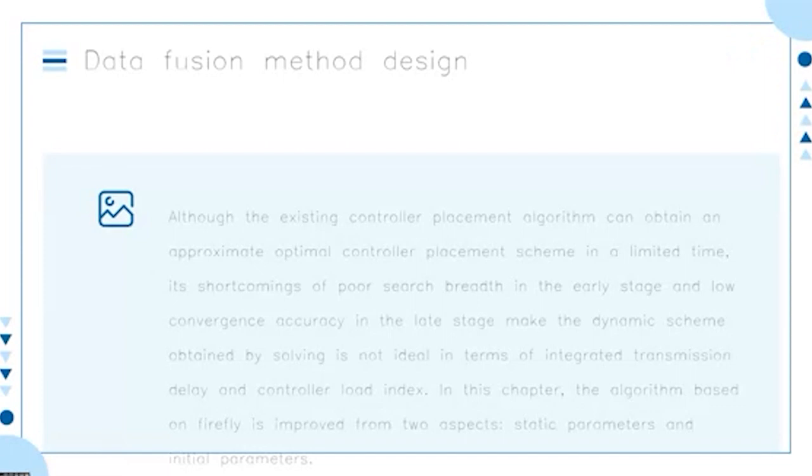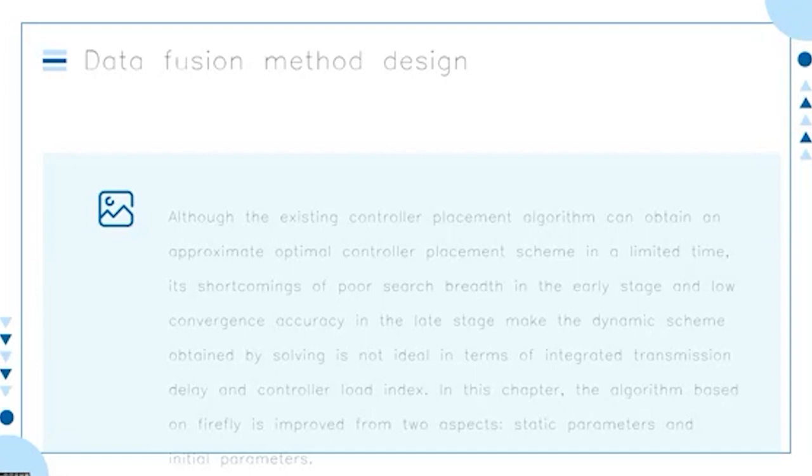Although the existing controller placement algorithm can be attempted by the approximate optional controller placement scheme in a limited time, its shortcomings of poor research in the early stage and low convinced accuracy in the late stage make the dynamic scheme obtained by throwing it not ideal in terms of integrate transmission, delayed, and controller lag index.